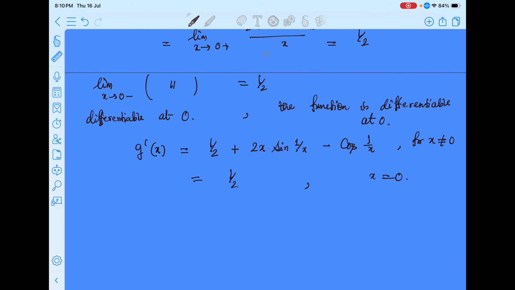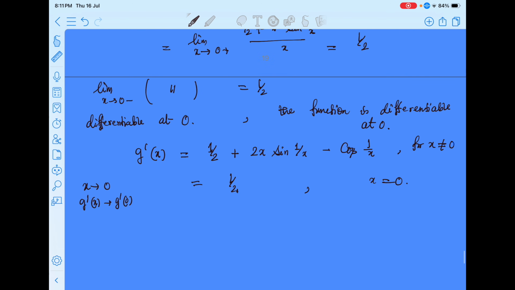Don't worry about whether, as x tends to 0, g prime of x tends to g prime of 0. This is not needed, because the derivative function of a differentiable function need not be continuous. So the derivative exists.